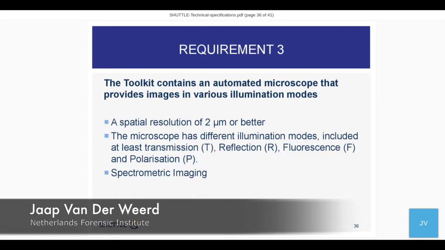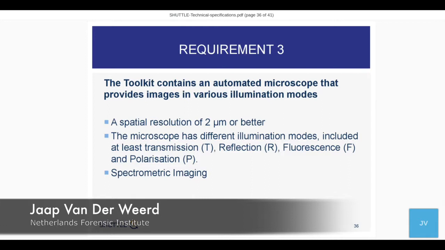It's said here that the space resolution should be 2 microns or better. That's a mistake, sorry for that. The number should be the pixel size. So the effective pixel size should be 2 micrometers or better, and it might be that a little bit bigger, 3 or 4, might be allowed as well.